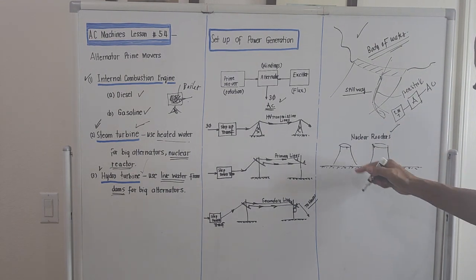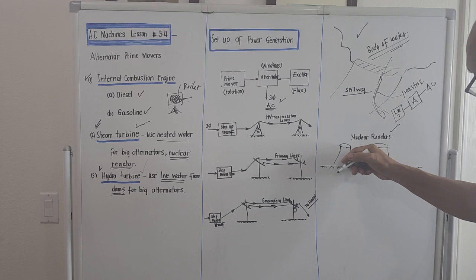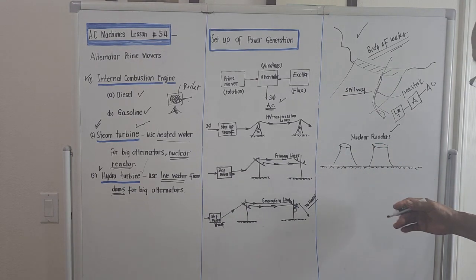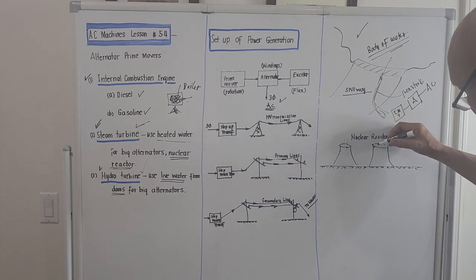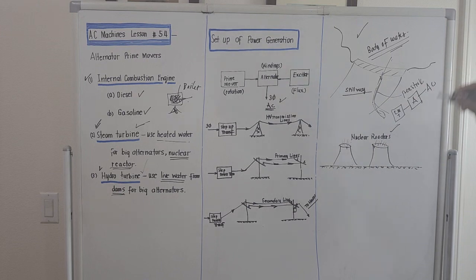Okay? These are just the symbol for a nuclear reactor, the containment, right? This is where the exhaust will come out, right?